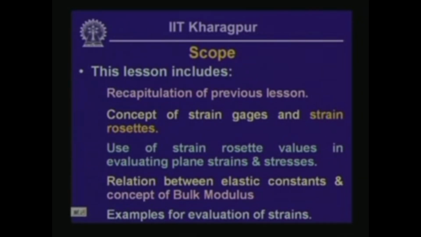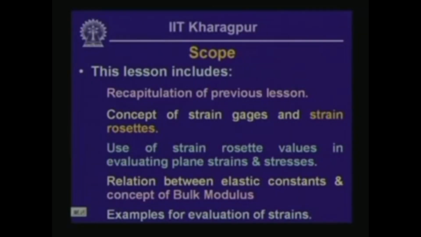We will discuss how the rosette values, the strains which we measure through the use of strain rosette, are used to compute the values of strains and stresses at a point. Then the relation between elastic constants, and then the concept of the bulk modulus, and we will be solving a few examples for evaluation of strain at a point from the given information.